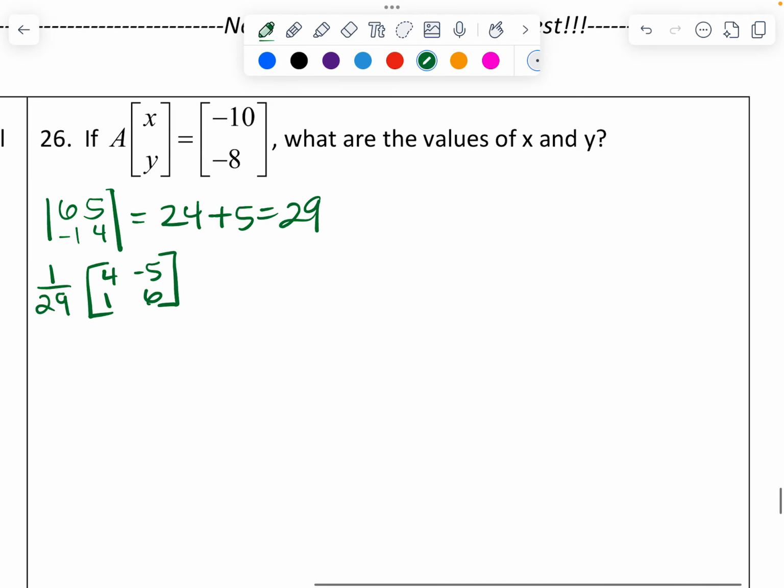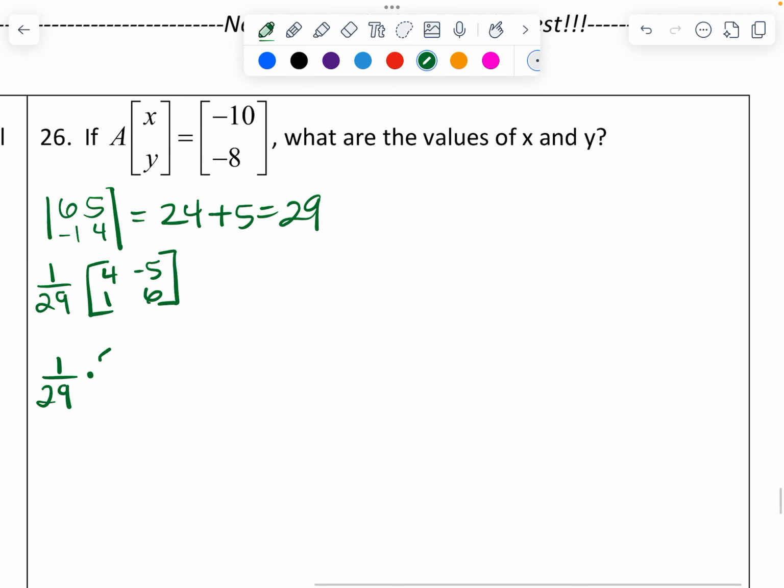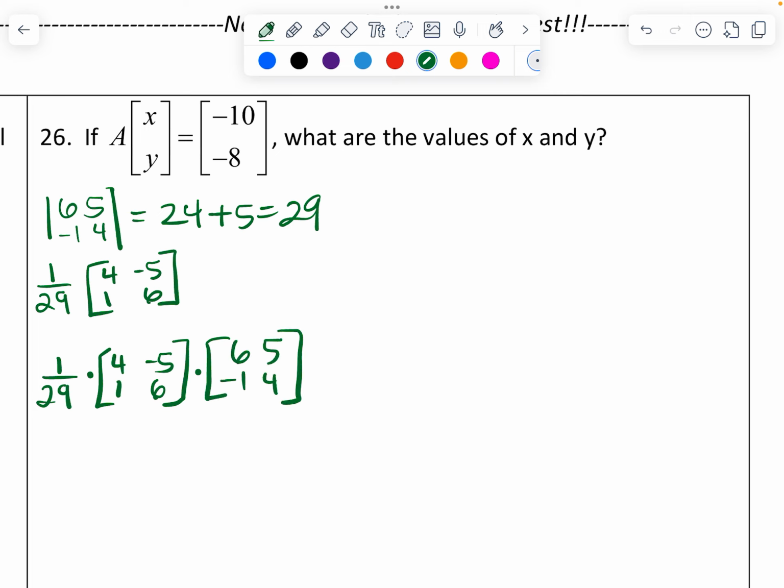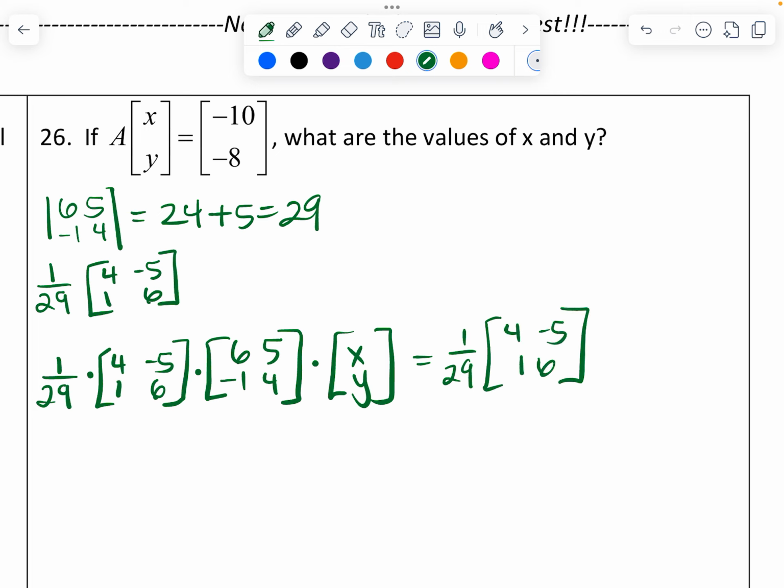So I take my inverse and I multiply it by the original, which is 6, 5, negative 1, 4, times xy. Take my inverse, 4, negative 5, 1, 6, and I multiply that by my negative 10, negative 8.